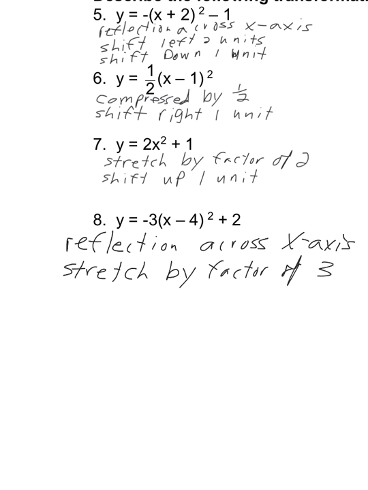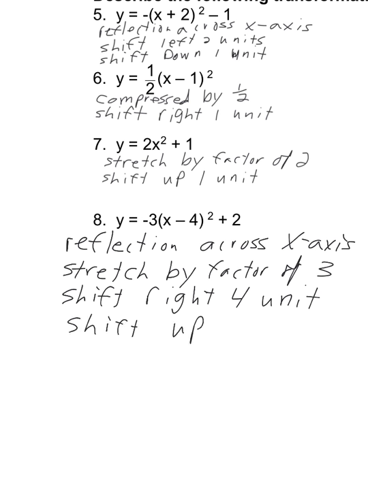Then I have parentheses, and it's opposite. That's a horizontal shift, so that would be a shift right 4 units. And a positive 2 is being added to the end, so that's a shift up 2 units.